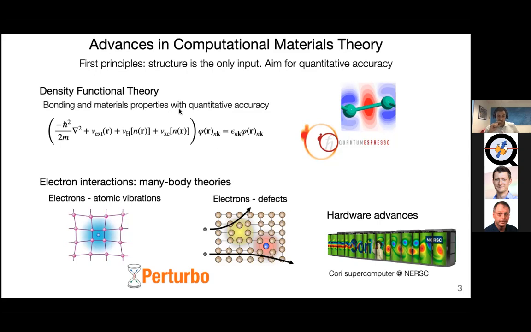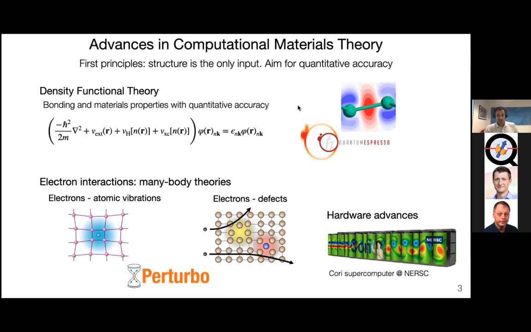As I will show you today, building on top of density functional theory, it's now possible to compute the interactions of electrons in materials. For example, the interactions between electrons and atomic vibrations, so-called phonons, or the interactions with defects. And then using these interactions, we can make more precise models of electron transport and dynamics.